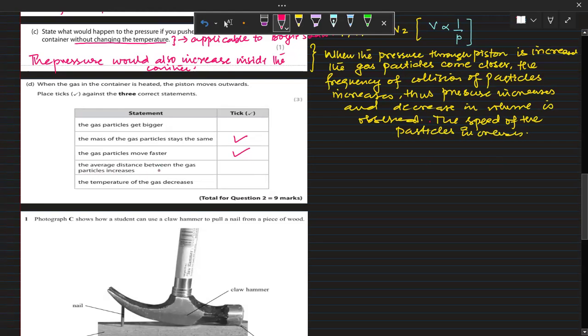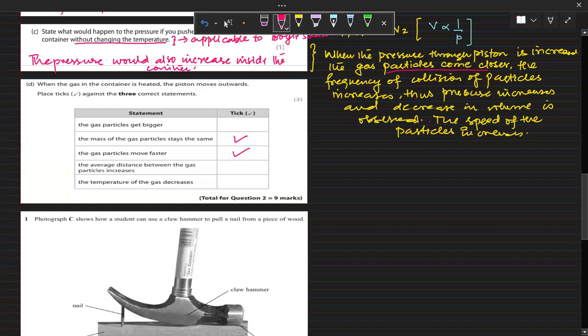Now, the average distance between the gas particles increases. Why are they using the word average distance? Because the distance between one particle and another is not going to be the same.